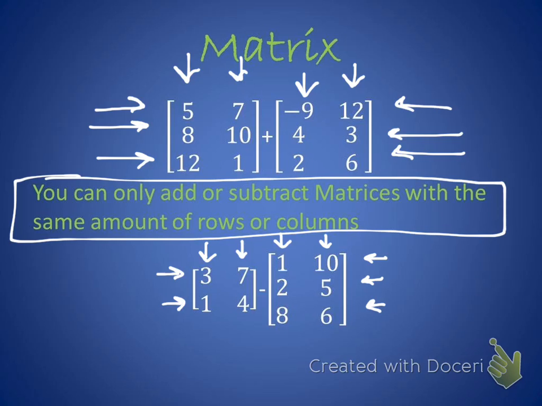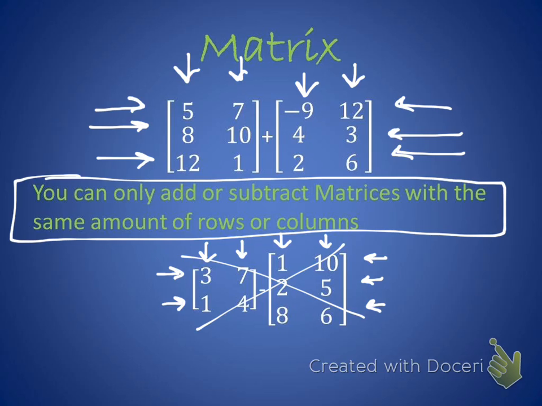So what that means is I cannot add them. They don't have the same amount of data, so there would be nothing I could do to those bottom matrices, okay? And when you're talking about one of these brackets singularly, it's called a matrix. When you're talking about more than one of them, they're called matrices, okay? So what we're going to be doing with these are adding and subtracting the numbers that are in there, okay?